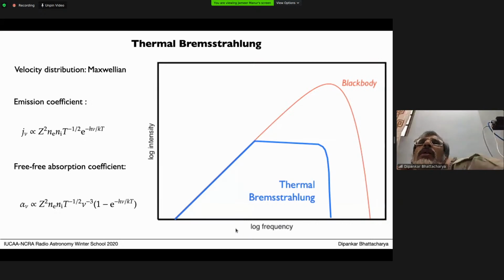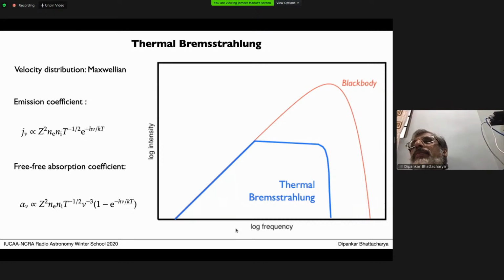So if we take the spectrum as I described in the previous slide and use the Maxwellian velocity distribution of the electrons to sum it, then we can get the total spectrum that the source produces. And typically, the spectrum is going to look like this blue line, which is shown over here.